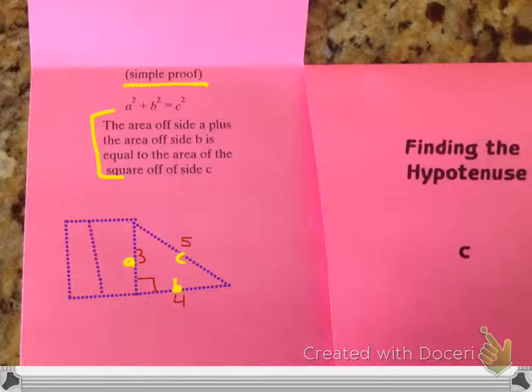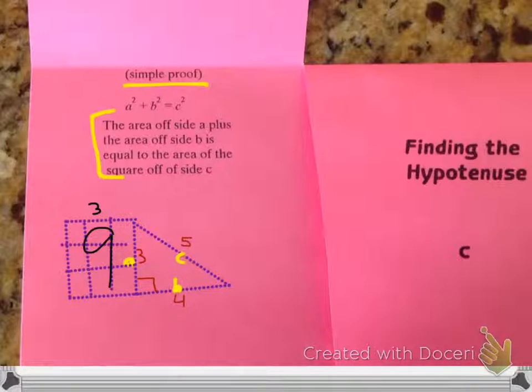So we can kind of make it nice. And that looks okay, I guess. So 3 times 3 is 9, or 3 squared is 9, and we've done this before.